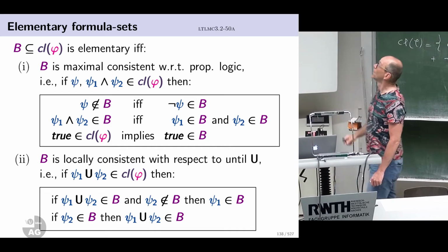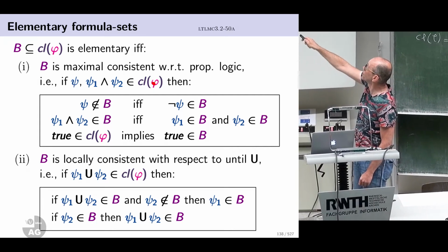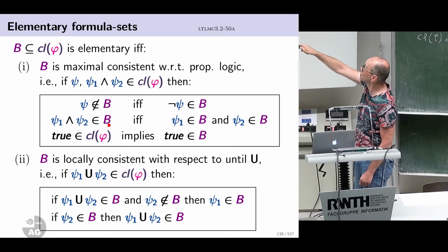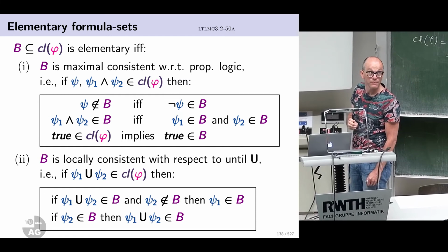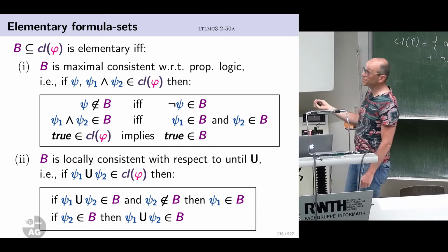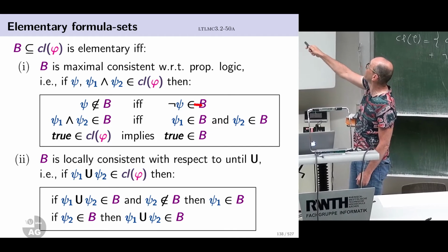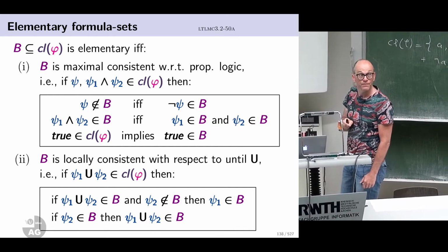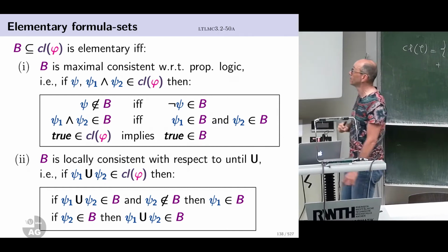The second rule says if you have a conjunction in the closure, you can only select this conjunction if and only if you have selected both conjuncts. And please bear in mind, it's an if and only if, so if you select psi1 and you select psi2, this is an obligation to also select the conjunction.